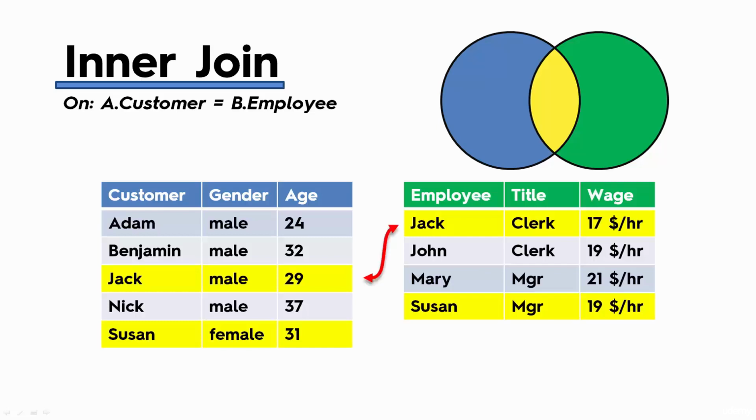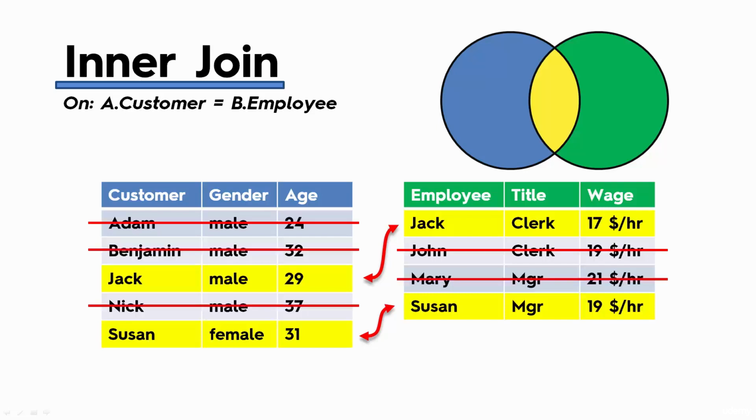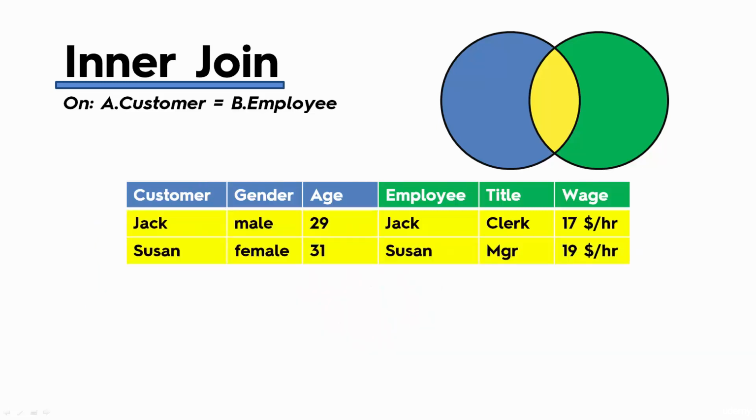So in this case, Jack is matched with Jack and Susan is matched with Susan, because we're just looking at the customer column in the left table and the employee column in the right table. Once that matching is done, the rest of the rows which haven't matched are discarded, and the remaining table looks like this. So it only has those rows that match and glues them together. And that's what the result of an inner join on these two tables would look like.